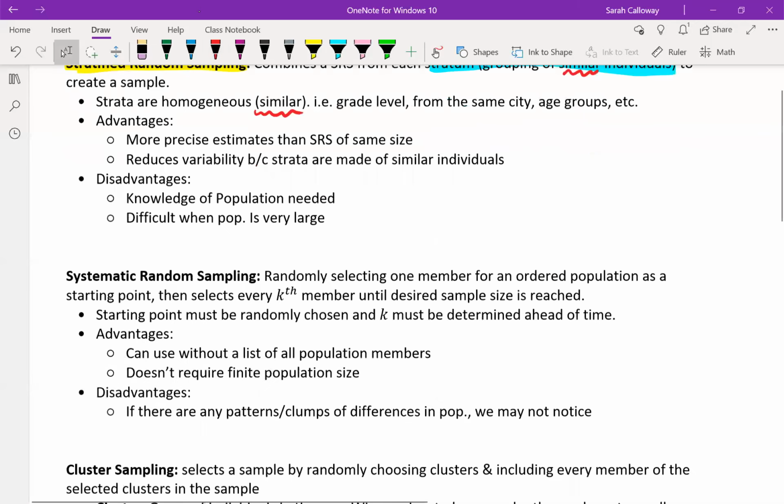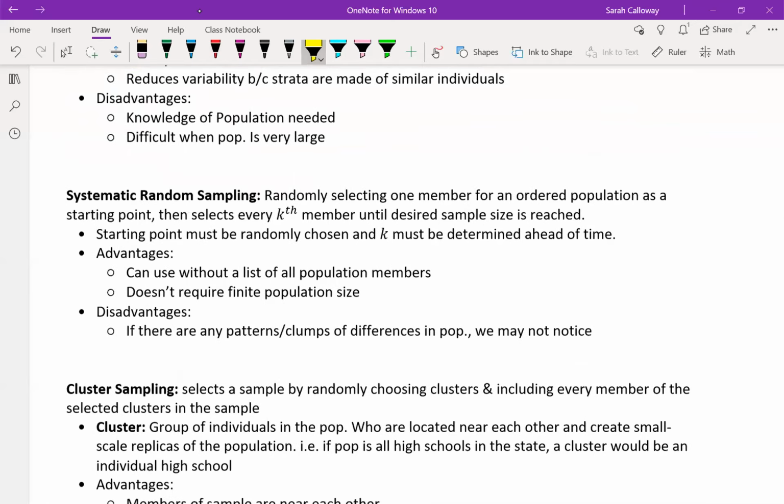The next one they talk about is systematic random sampling. This is when you randomly select one member of an ordered population, and it's important that it says that person or individual was randomly selected. And then they select every such and such a member until the desired sample is reached. So somehow they're randomly selecting one member.